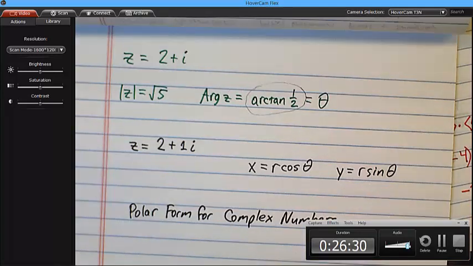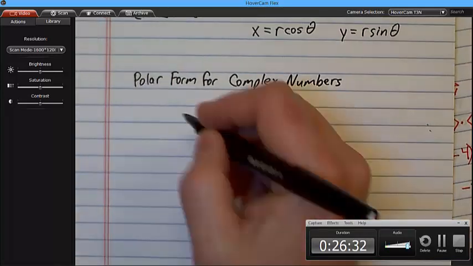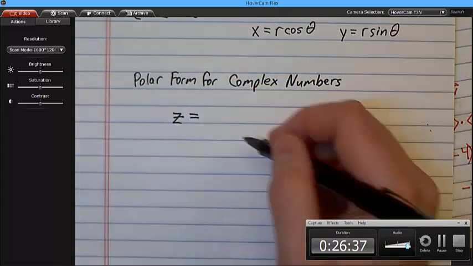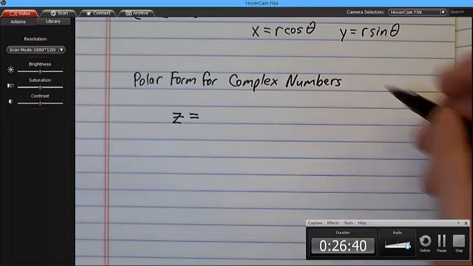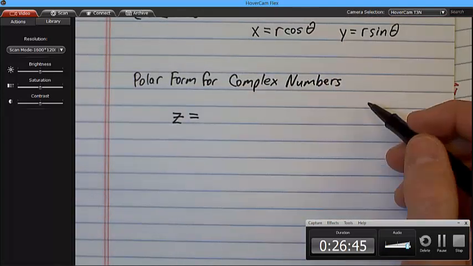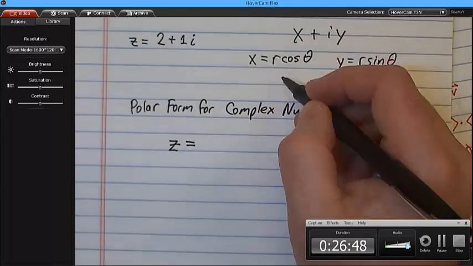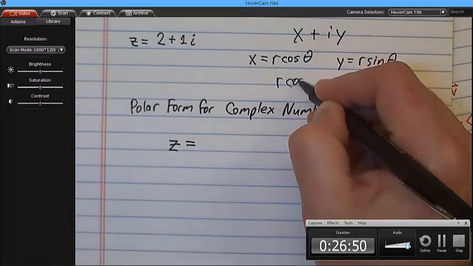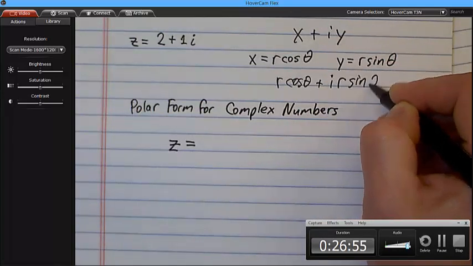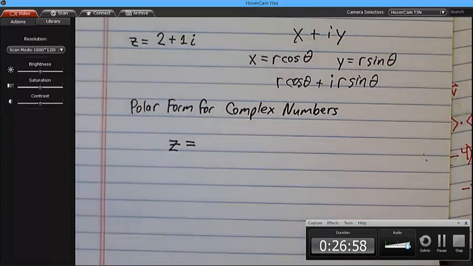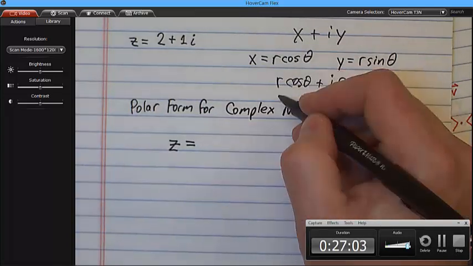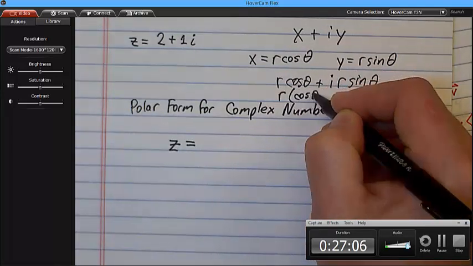Okay? And so what it's going to be is this. Z equals, see, how do I say this? When I do x plus iy, it's r cosine theta plus i r sine theta. And so what do you factor out? You factor out the r. And you get cosine theta plus i sine theta.